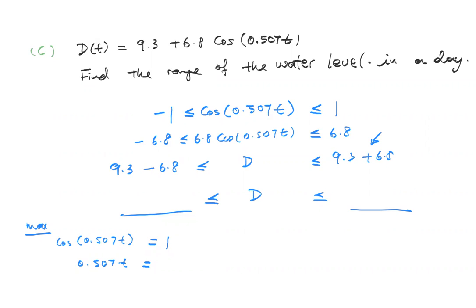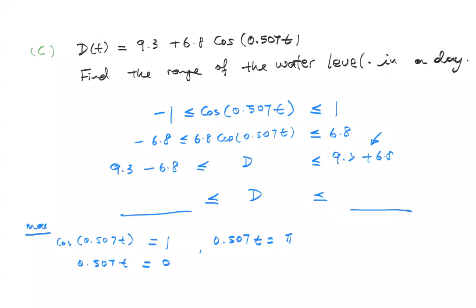So it will be 0 first round. Then after that, 0.507t equal to, cos 0 is 1. Cos 2 pi is 1.